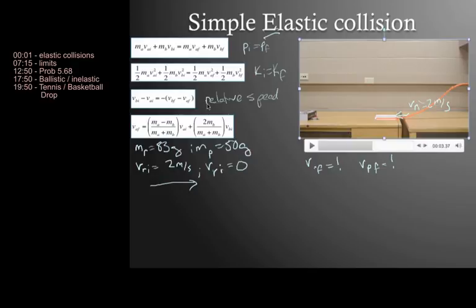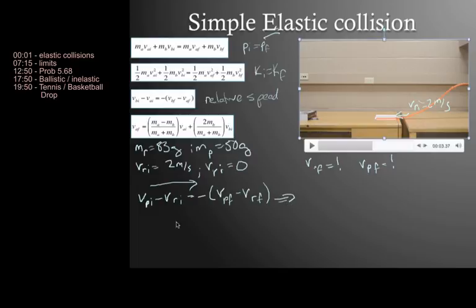So this one tells us that the relative speeds are fixed. So here we have V, and B is going to be this purple car. So V purple initial minus V red initial is going to be minus V purple final minus V red final.